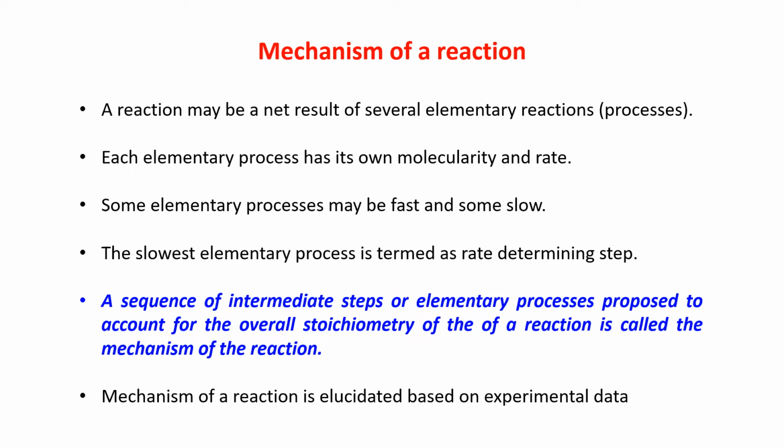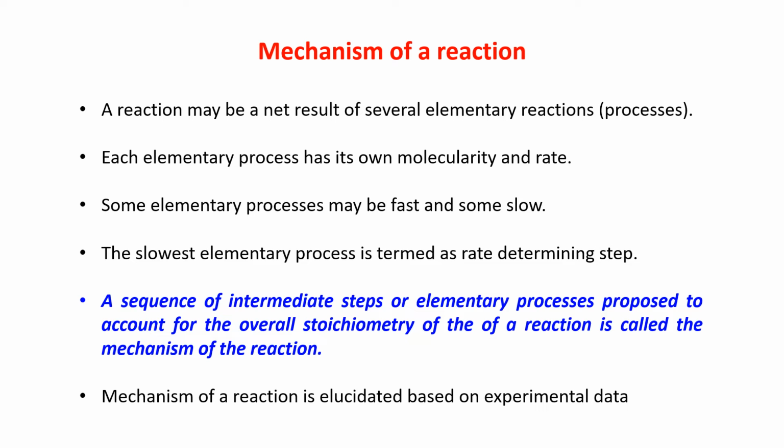Mechanism of a reaction. A reaction may be the net result of several elementary reactions. Already I told you, each elementary process has its own molecularity and rate. Some elementary processes may be fast and some may be slow. The slowest elementary process is termed the rate determining step. All these 4 points you know.